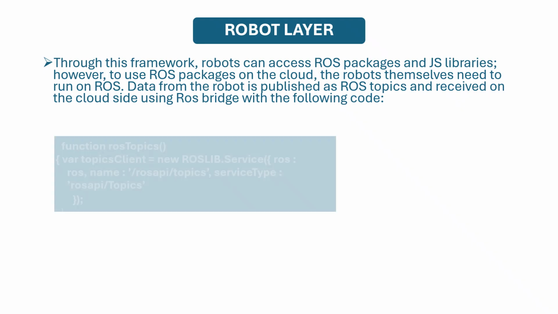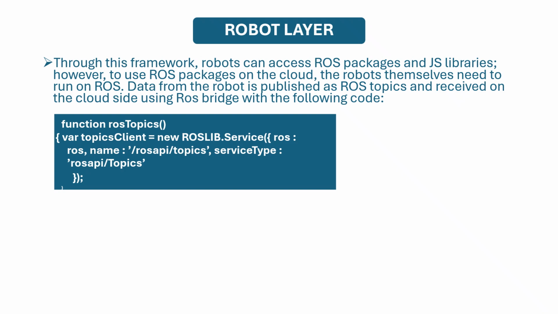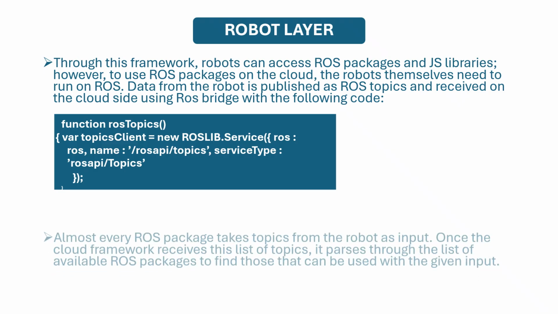So with the help of the following code, the function ROS topics, variable topics client equal to new ROSLIB.Service. So this is the code. With the help of this code, the data is published as ROS topics and the cloud side, that means the cloud layer, is receiving those topics and does computations accordingly.